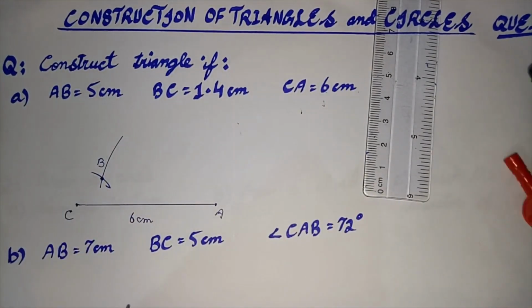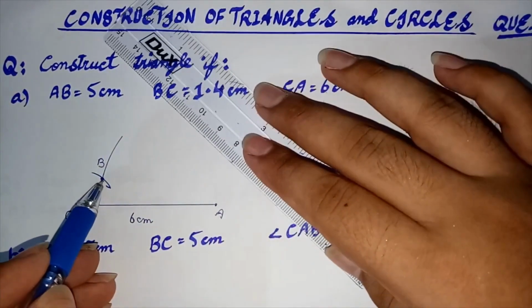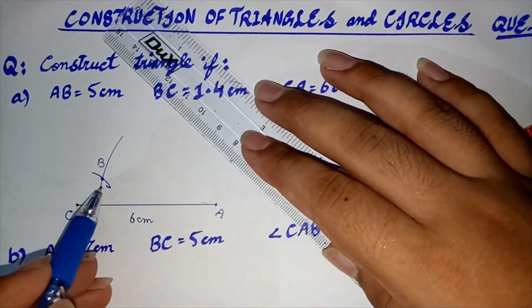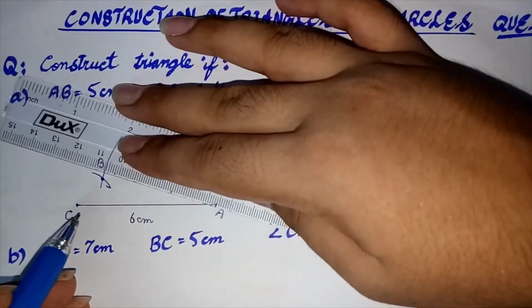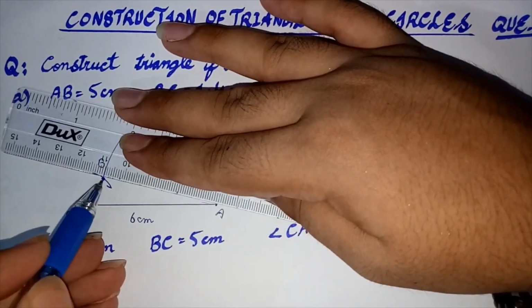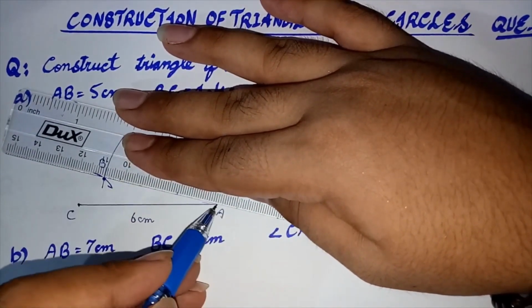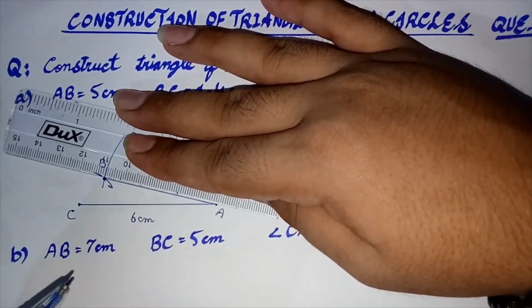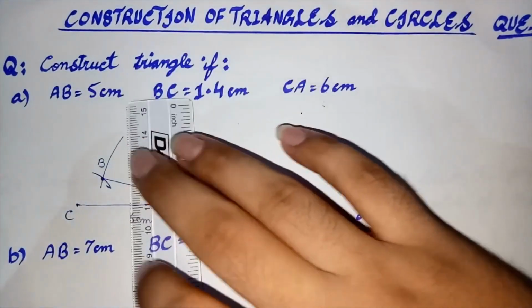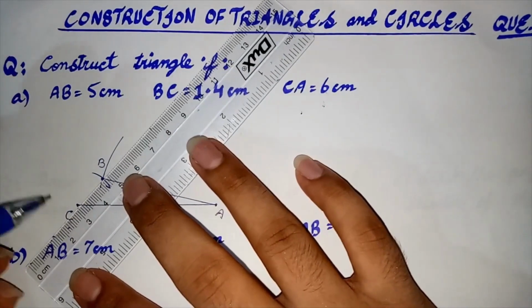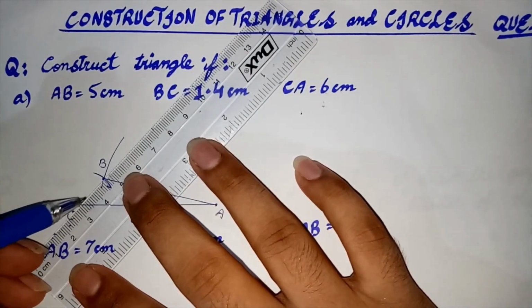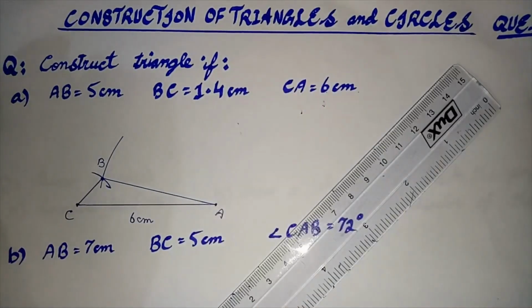Okay, and now what we will do, we will join this point to point A and point C. Just watch, like this. Okay, and like this.